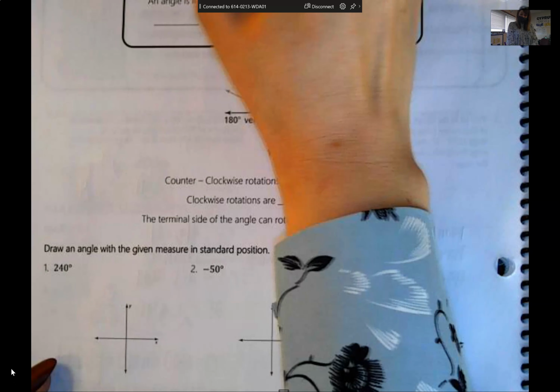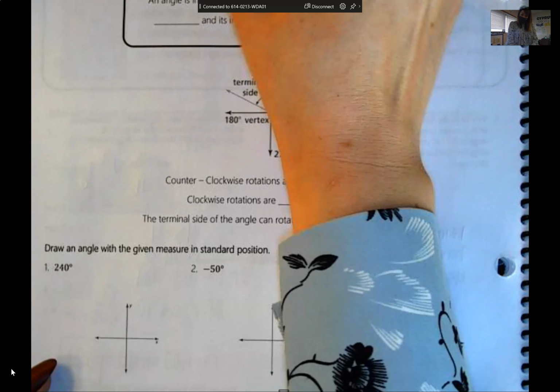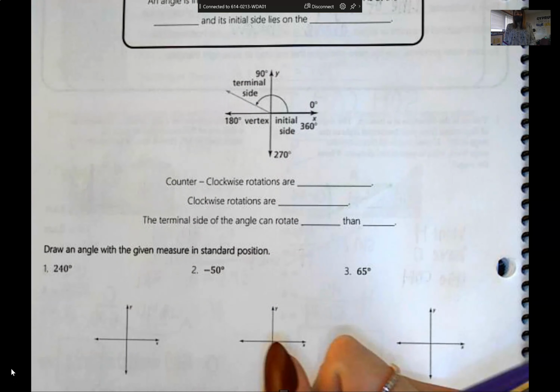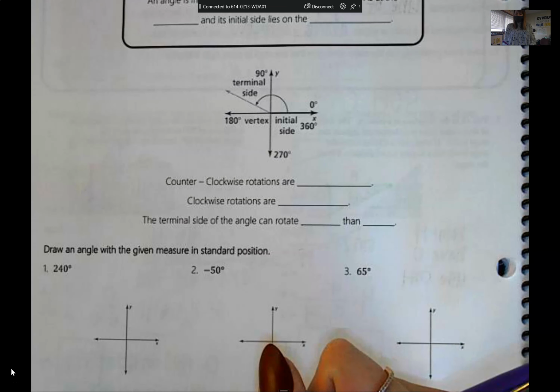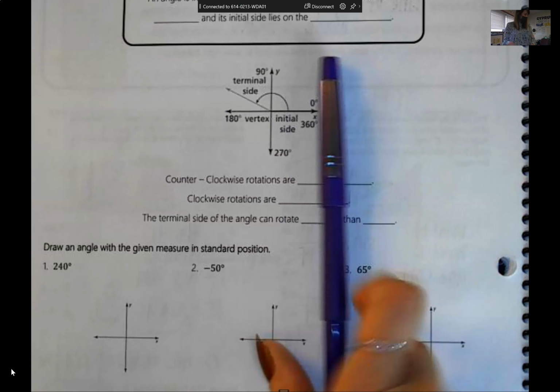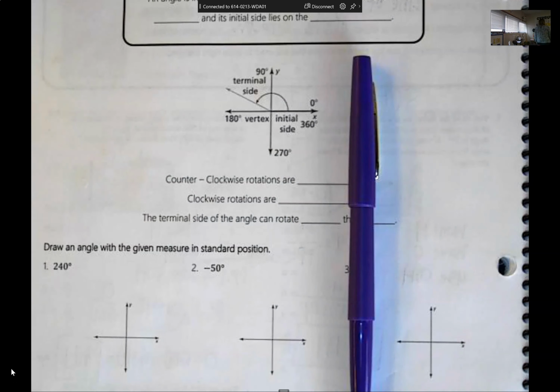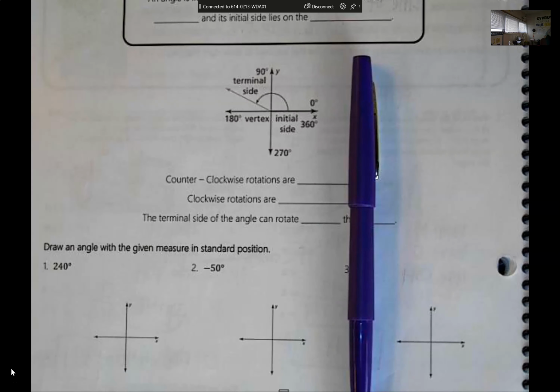An angle is in standard position when its vertex is at the blank and its initial side lies on the blank. Oh no, I think that's when the vertex is at the origin.